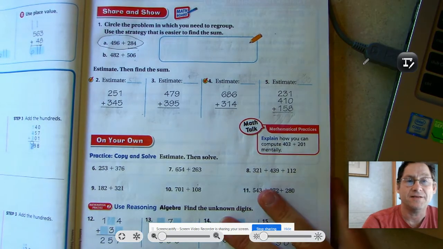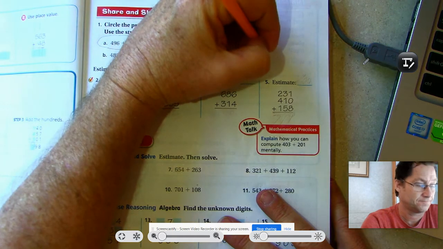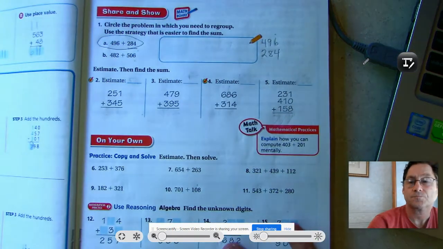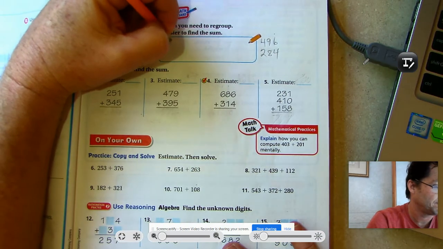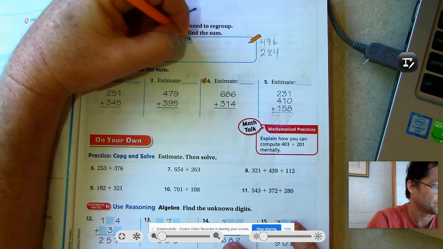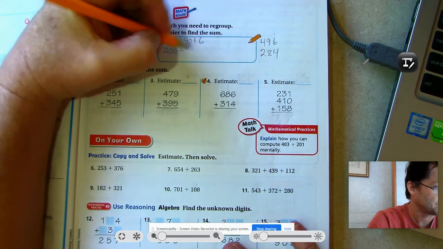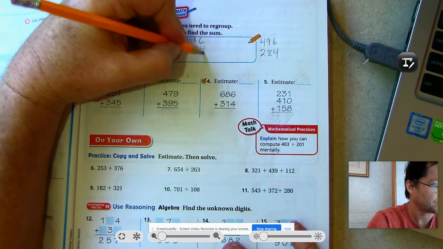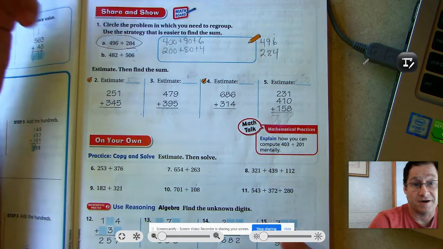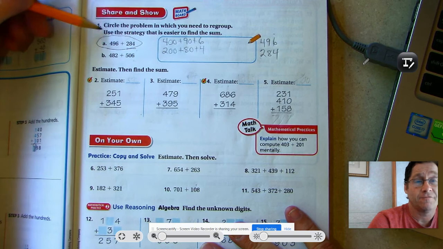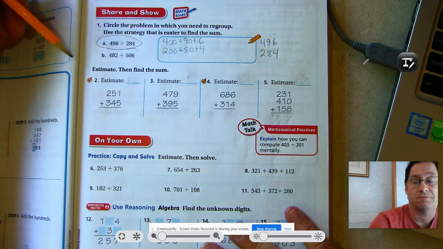Now choose any method. You can use place value, or you can use the break apart strategy. You can even use friendly numbers, where we could add 4 to 496 and subtract 4 from 284.